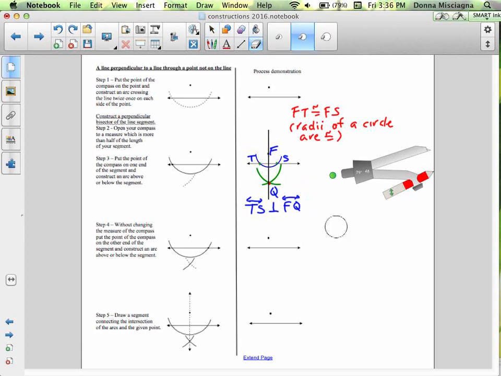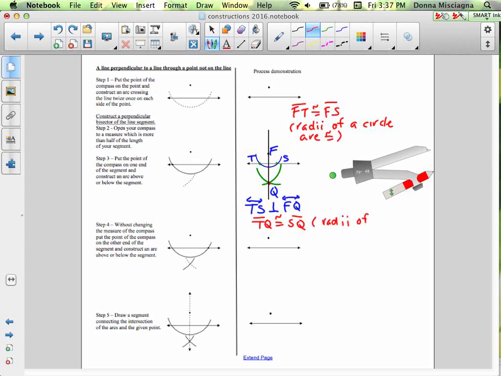So let's add one last thing, and that is that TQ is congruent to SQ, right? And those are segments. Right? And again, radii of congruent circles are congruent. Right, so that's why this construction works.